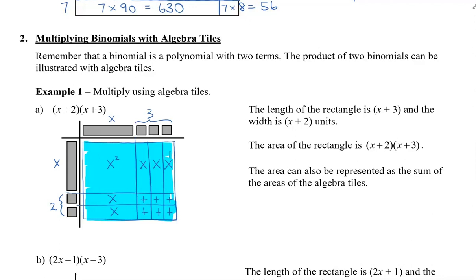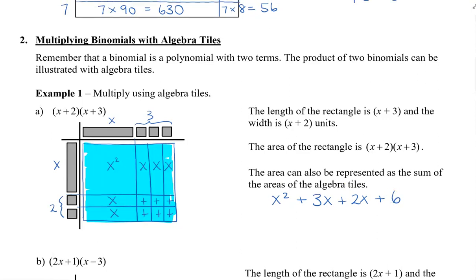All right, so we can see that the area can be represented by adding up all of these different tiles together. So we have the x times x, which gave us the x squared tile. So we have x squared plus, and then over here we had our 3x. And then on the bottom part, we have our 2x. And then finally we have our 6 single ones, so plus 6.